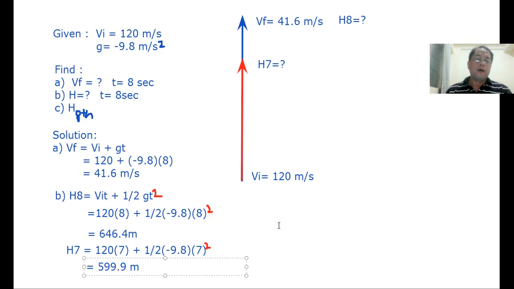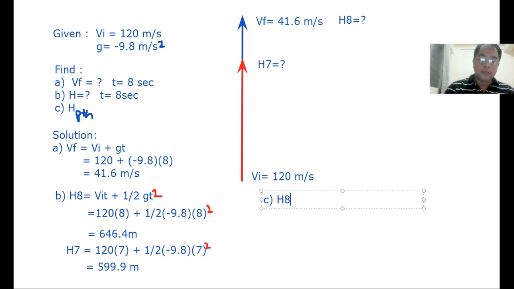Now for letter C, our last question to answer: how far is this 8-second distance? The distance traveled for the 8th second, which is basically the remaining blue value, is the difference of h8 minus h7, which in our case equals 646.4 minus 599.9.